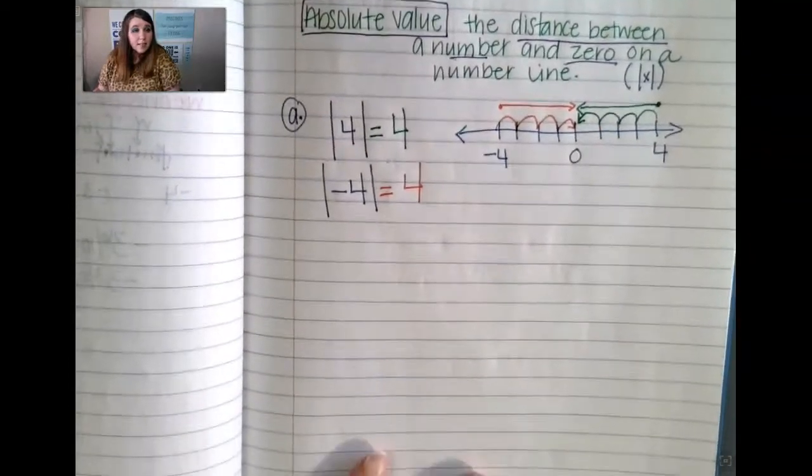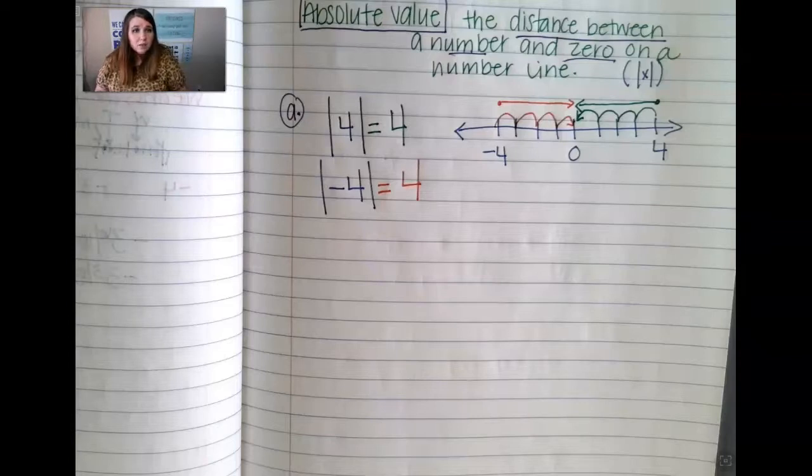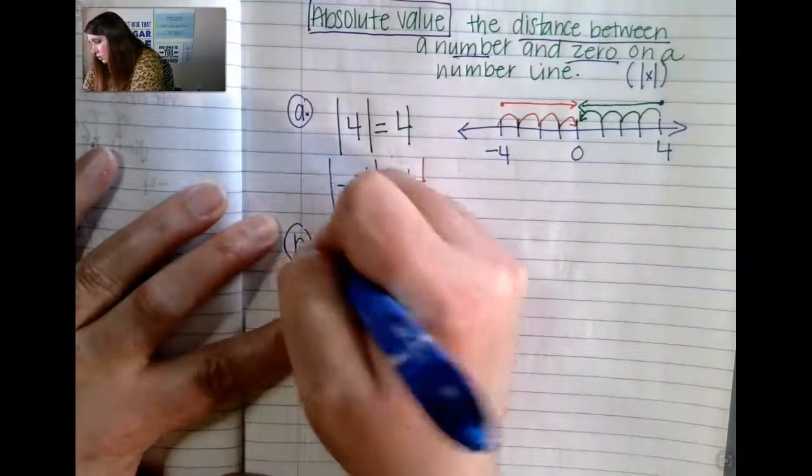Okay, so let's talk about this when we have to graph. Let's say that I am graphing the absolute value of negative 3.